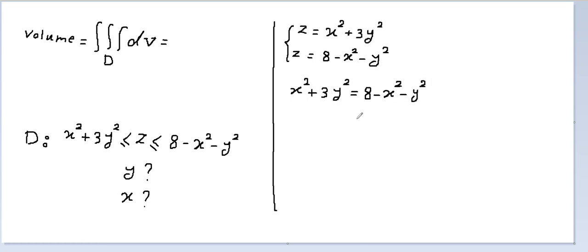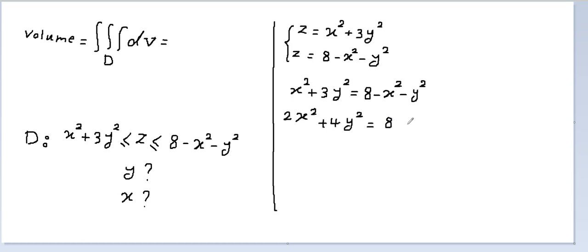Let me take these two to the left hand side. So we have x squared plus x squared, we have 2x squared, plus 3y squared plus y squared, we have 4y squared, equals 8.